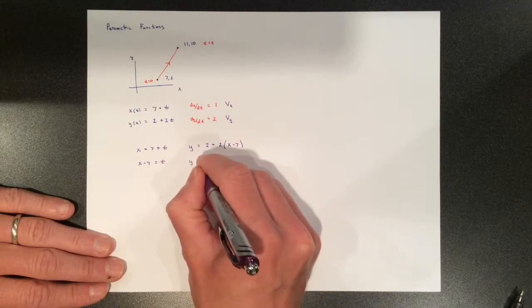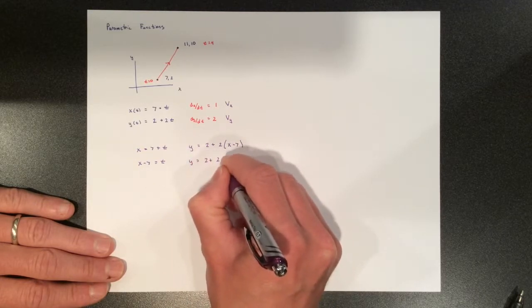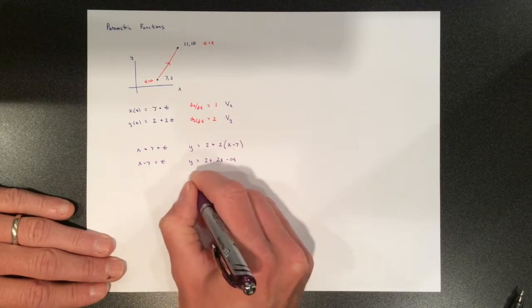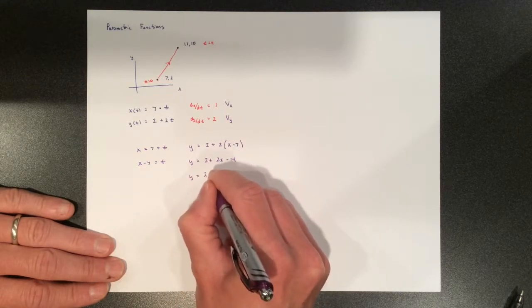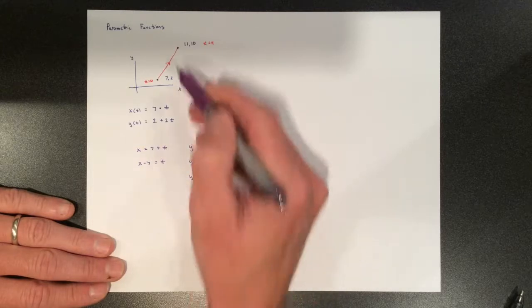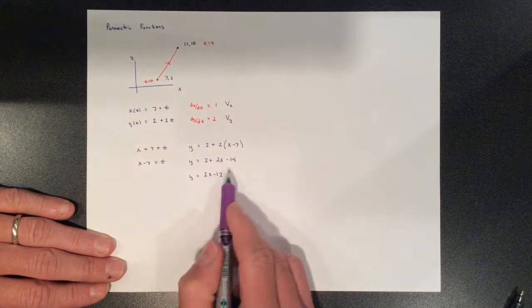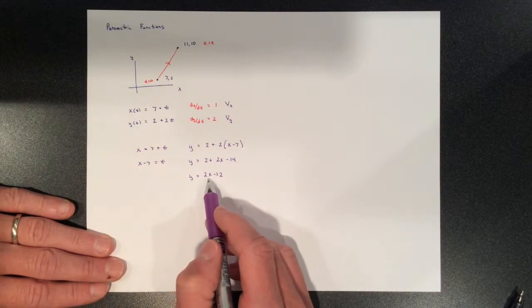And I could solve for y and get 2 plus 2x minus 14, and I could get y equals 2x minus 12. That's the equation of this line in function notation, meaning y as a function of x.